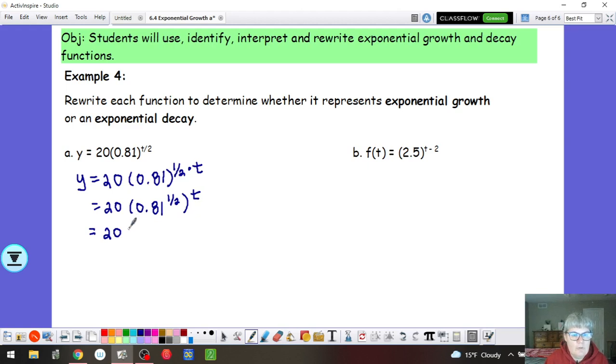So in a calculator, when you do that exponent, you're going to want to do 1 divided by 2 as that exponent. So we have 0.81 to the 1/2 is going to equal 0.9 to the t. Because 0.9 is less than 1, we can say that this is exponential decay.